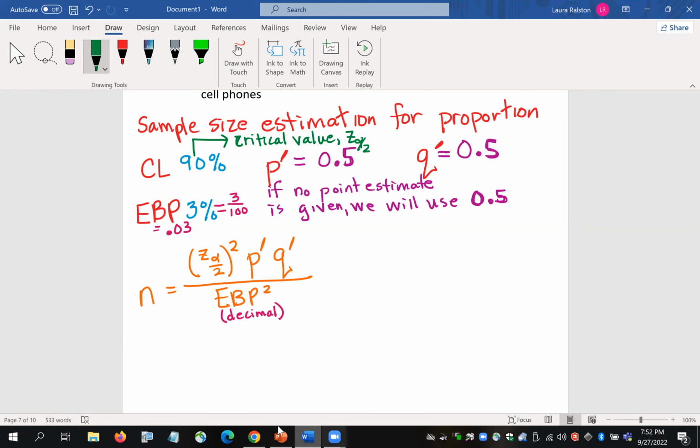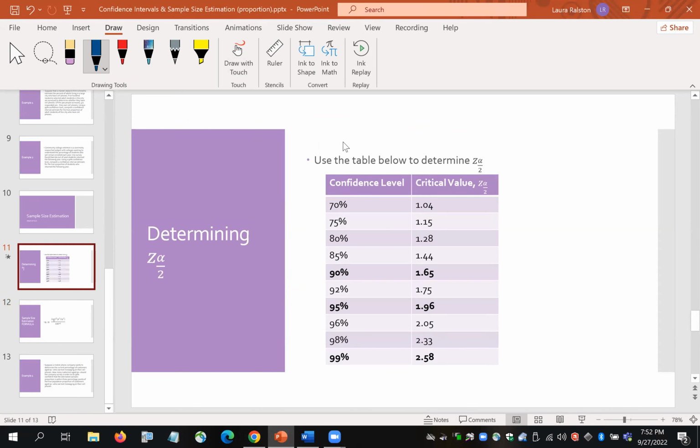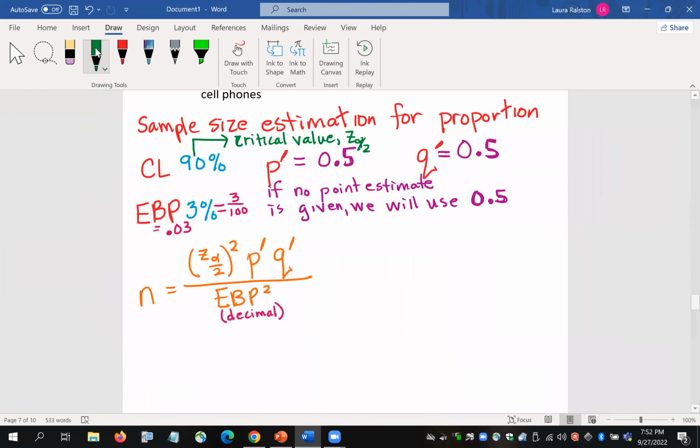So I'm going back to the table. In the left-hand column, I find my confidence level, which was given, 90%. And the value that I need is 1.65. Okay, so my critical value from the table is 1.65.